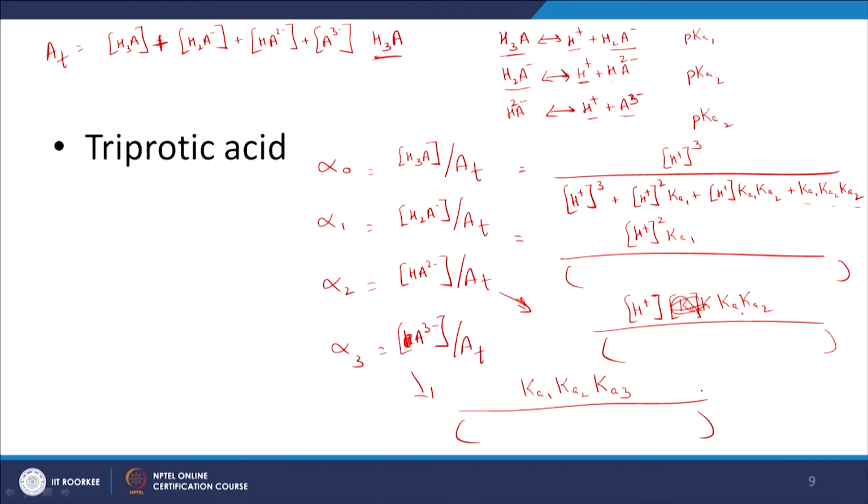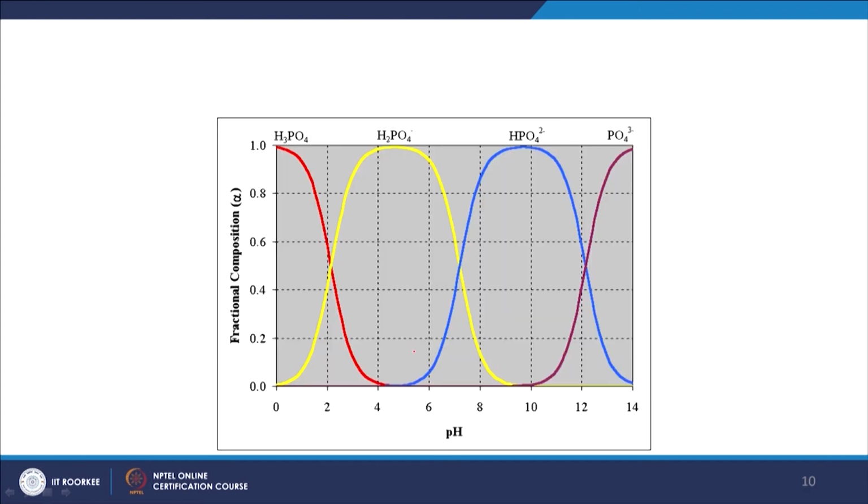So again, what will these fractions give you an idea about? Let us look at that. I think the example we are going to look at is phosphoric acid, H3PO4, and it has 4 species that can exist at equilibrium, H3PO4 the most protonated, all the way to PO4 3- the most deprotonated form.